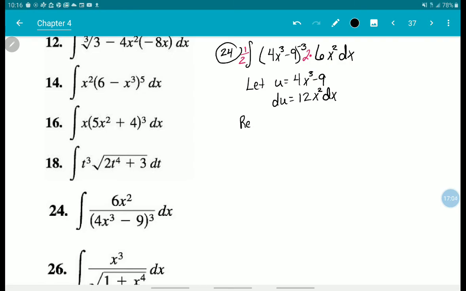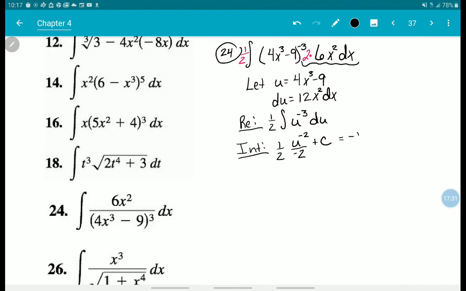So we're going to do our rewrite. So we have 1/2 times the integral of u to the negative 3 du. All of that's becoming du. We can integrate. Remember, we're going to add 1 to the exponent and then divide by the new exponent.